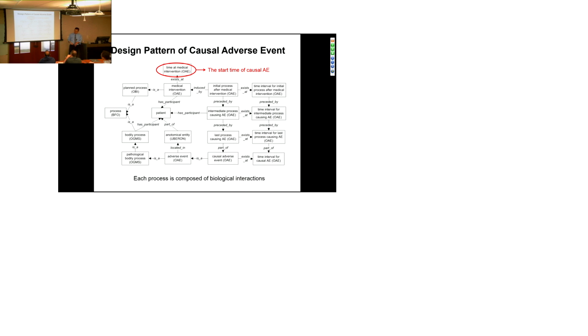It's basically just symptoms, but in our case we consider it more a pathological process. It has time and it has relations with the patient and with the anatomical entities. All linked together, it is a very good, strong, solid pattern system, so we can study more on the reasoning.